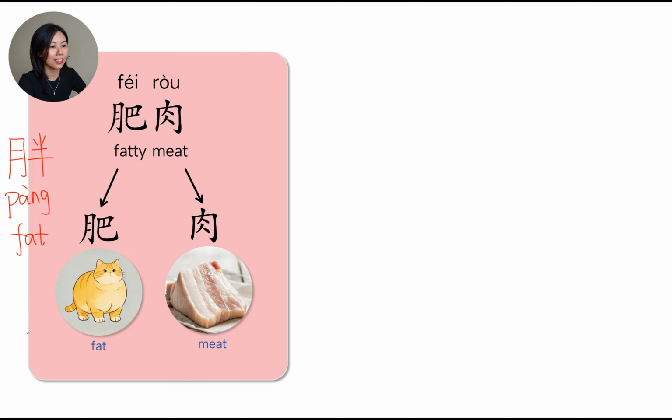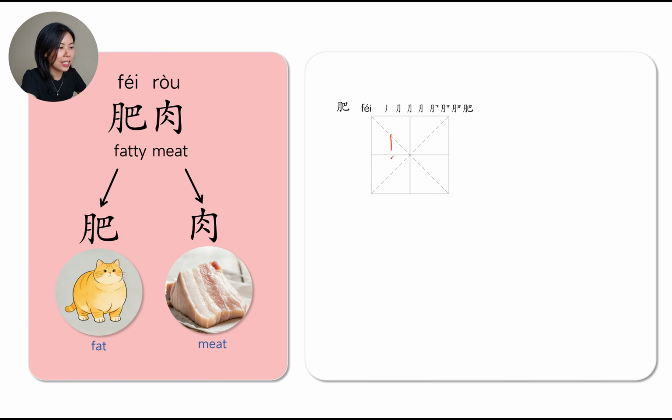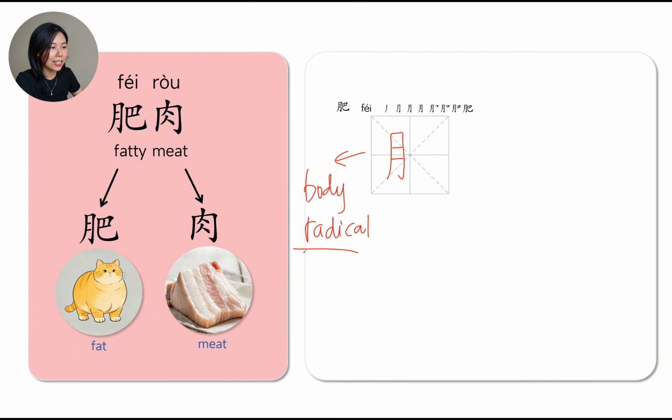Okay, so now let's try to write the 肥. 1, 2, 3, 4. This part is related to the body. This is the body radical, and with the same writing, same stroke, it could also refer to the moon radical.